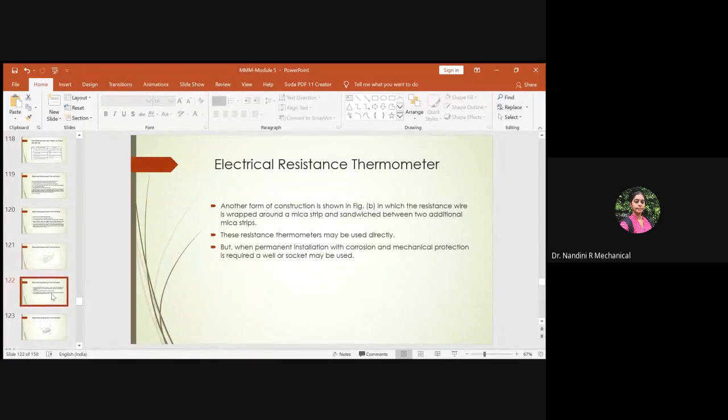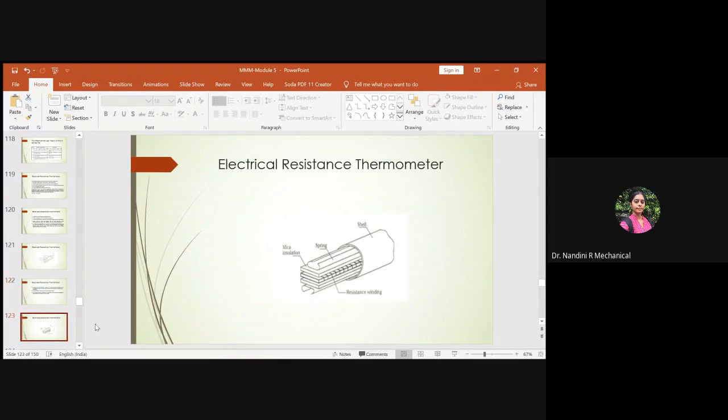This type of thermometer can be used directly to measure the change in temperature as well as the resistance at that particular temperature. You will have a shell, which provides the packaging in which the layers of mica are embedded, packed and stacked together and wound with the resistance winding.